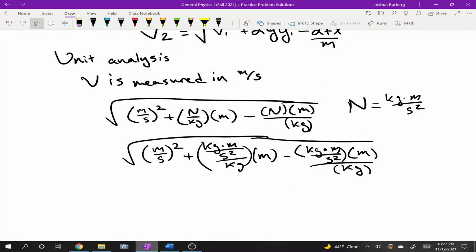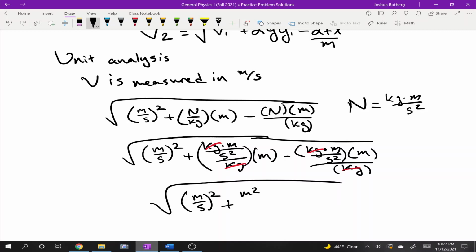All right. So this kilogram is going to cancel that kilogram. These two meters are going to multiply. This kilogram is going to cancel this kilogram. Those two meters are going to multiply. So we get the square root of meters per second squared times meters, which is meters squared per second squared, plus meters squared per second squared, minus meters squared per second squared.